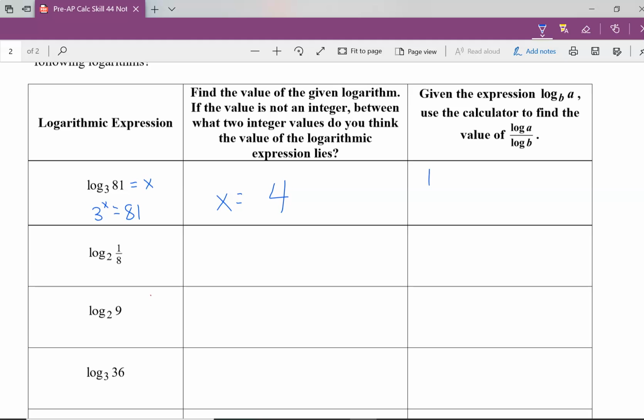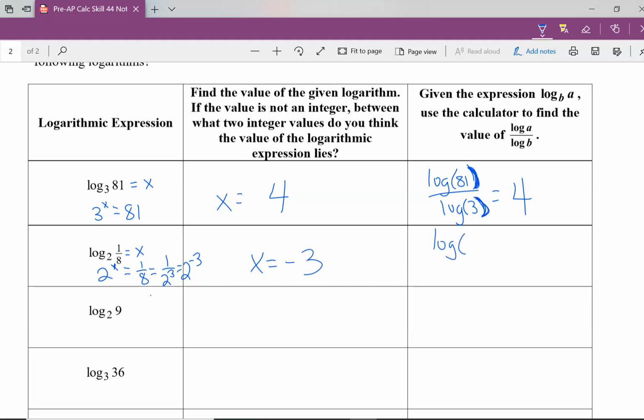If I took log 81 divided by log 3, and it's important to make sure you're closing these parentheses after you do the logs, you would get 4. The next one, we'll set this equal to x. So 2 to what exponent gives me 1/8? That's the same as 1 over 2 to the third, which is the same as 2 to the negative 3. So x is negative 3.